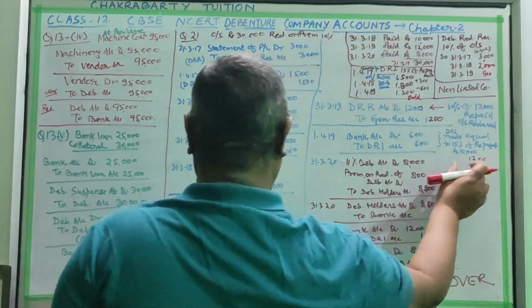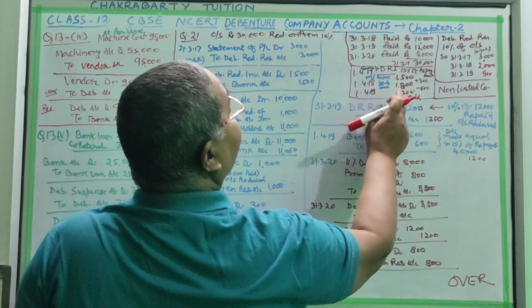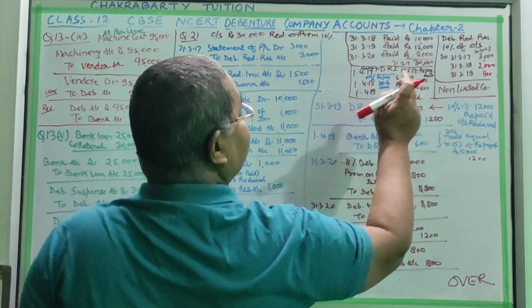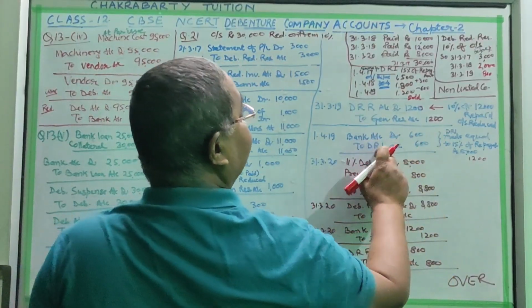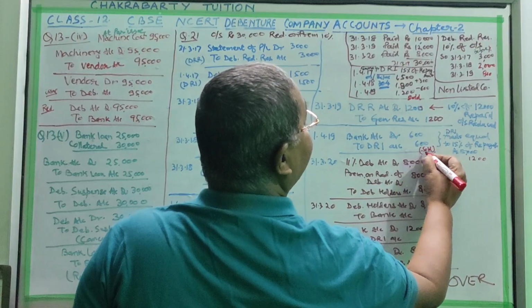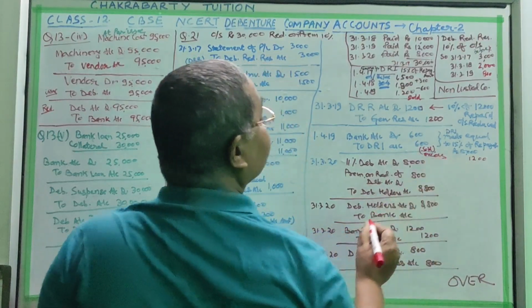But you already have 1,800 in the account, whereas you require only 1,200. It means 600 is the excess. So this excess will be sold out: bank account debit to DRI. Investment will be sold because it is excess.